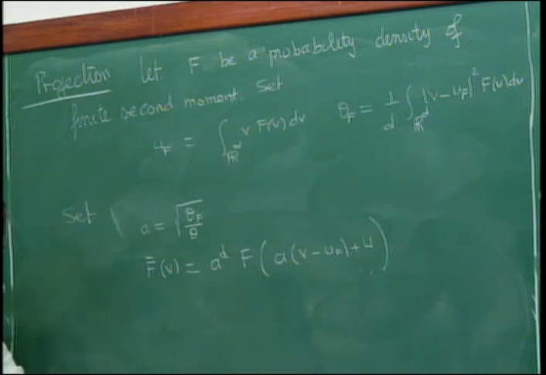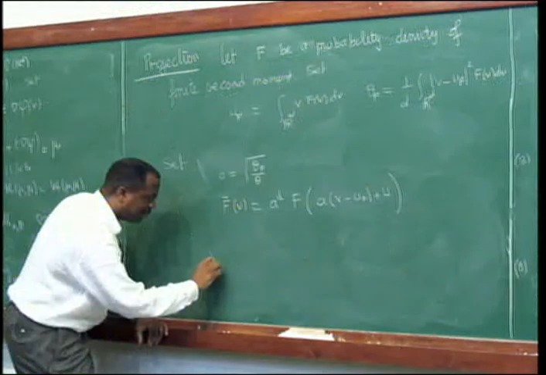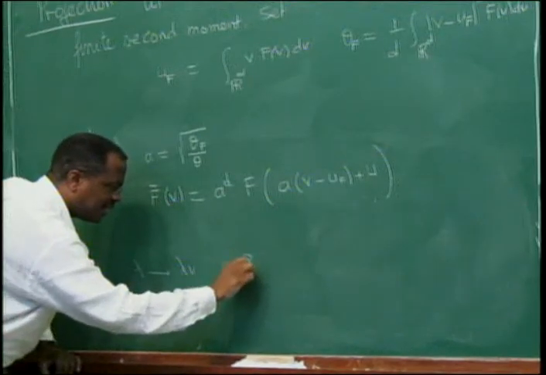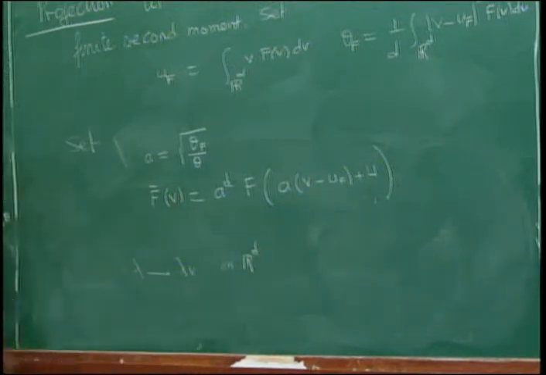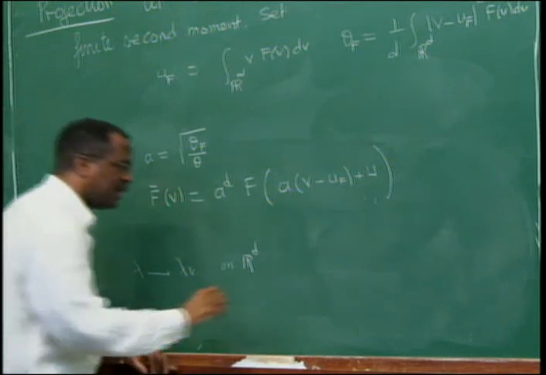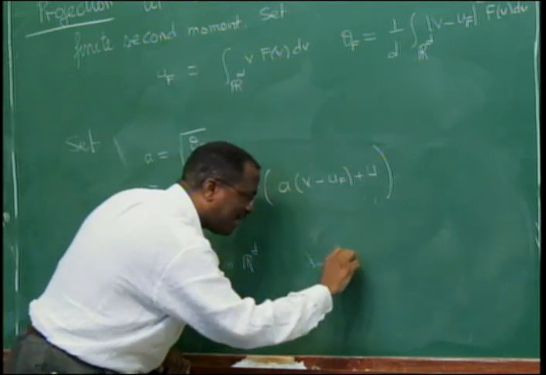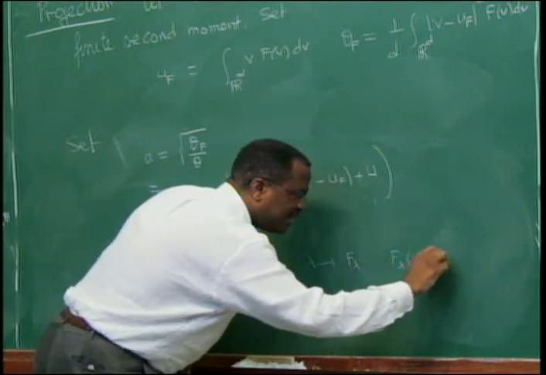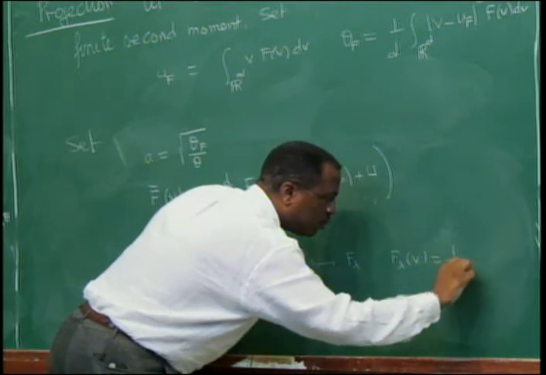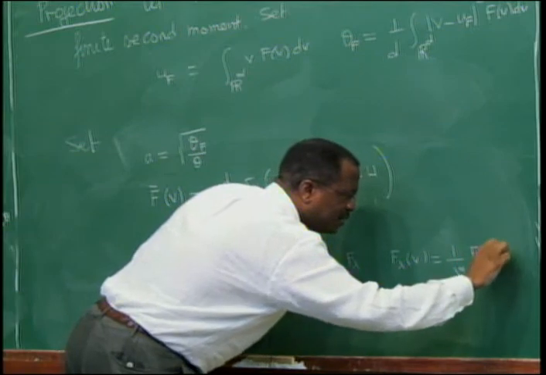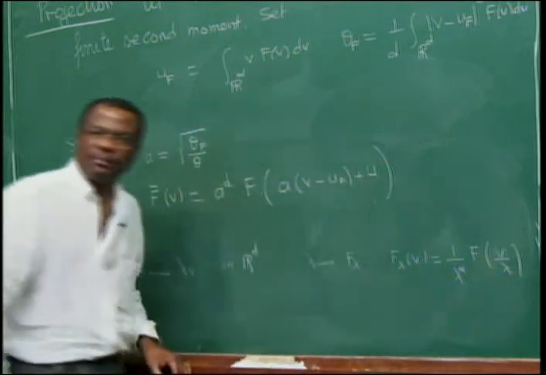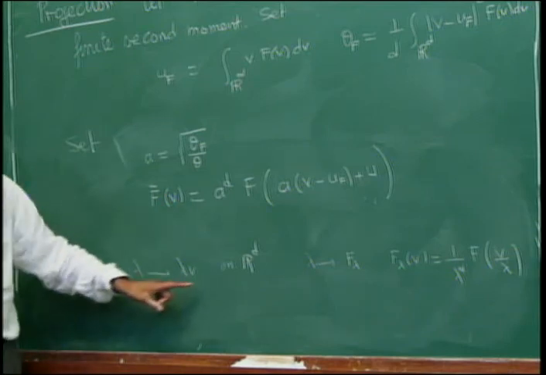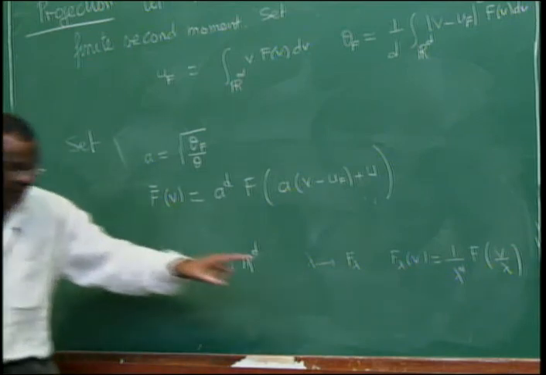The operation which to lambda associates lambda V on R^D corresponds to the following operation on the Wasserstein space. It corresponds to the operation which to lambda associates F lambda, where F lambda of V is 1 divided by lambda to the power D, F of V over lambda. Anytime I want to see the analog of this operation on R^D, this is the analog.